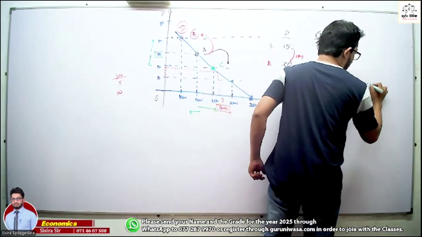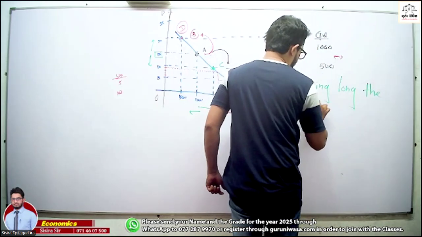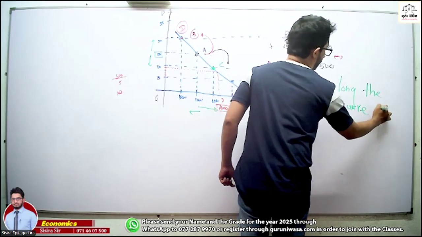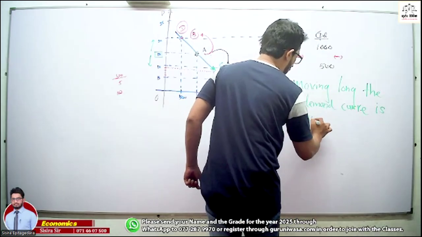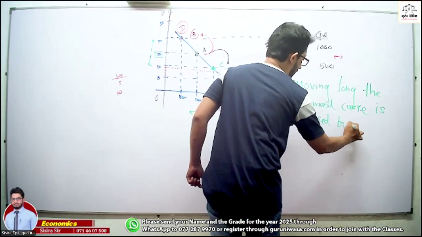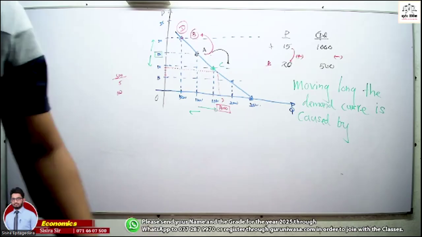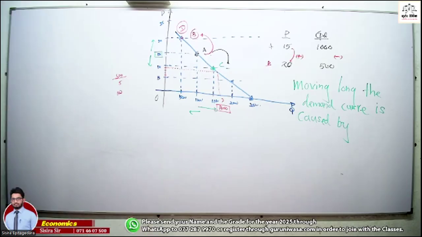Moving along the demand curve is caused by, what is the reason, Dinar? Increasing and decreasing of prices. This is called change in price. Did you get the point? Yes. Then remember, moving along the demand curve is caused by change in price of the product.